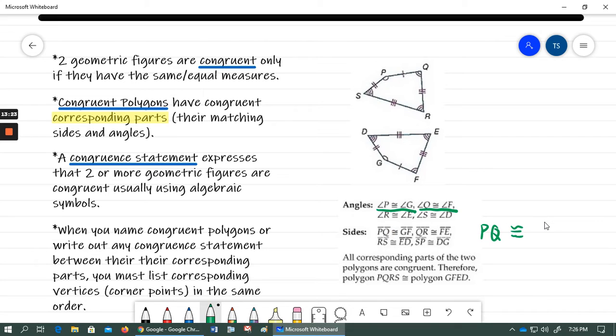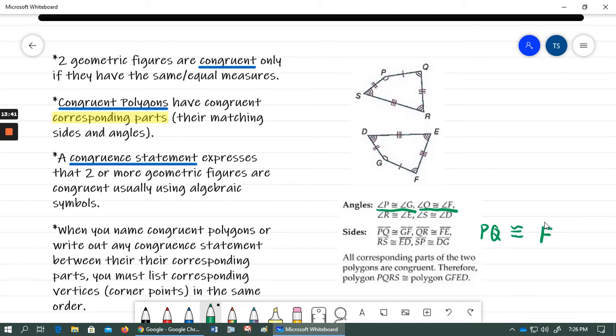They said that side PQ was congruent to. Notice how they didn't say side PQ was congruent to side QF. I mean, they didn't say it was congruent to side F.